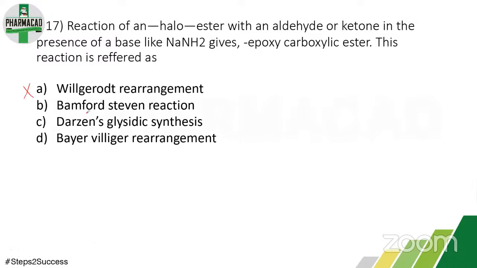Second is the Bamford-Stevens reaction. In the Bamford-Stevens reaction also we take ethyl phenyl ketone. Sorry, propyl phenyl ketone. Reaction with tosyl hydrazide, that is TsNHNH2, in presence of sodium methoxide. So this is a two-step reaction.